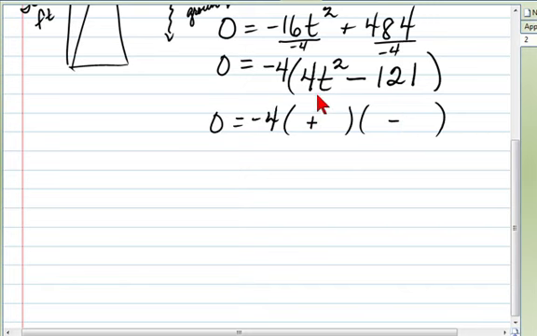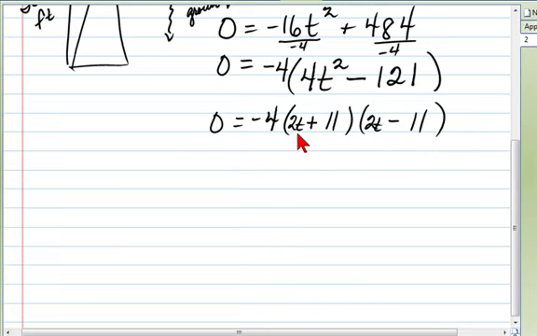What's the square root of 4t squared? 2t. So I'll put 2t in both of those. And what's the square root of 121? 11. And I'm sorry, letter T and the plus sign could get confused. I try to make the T's always have little curls on them.